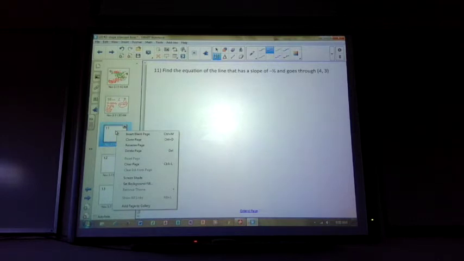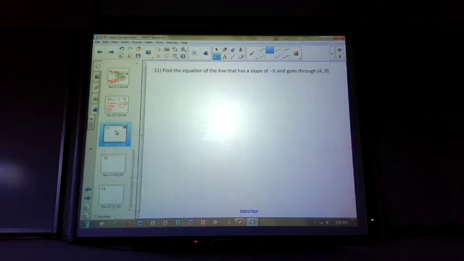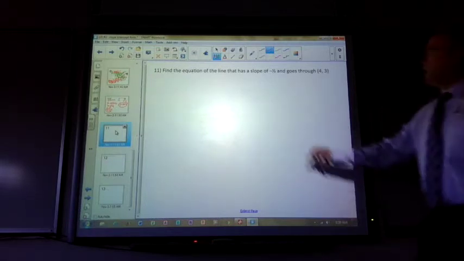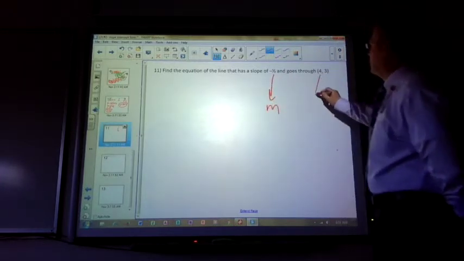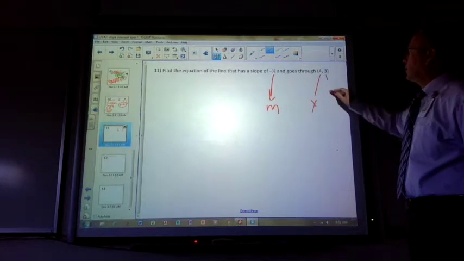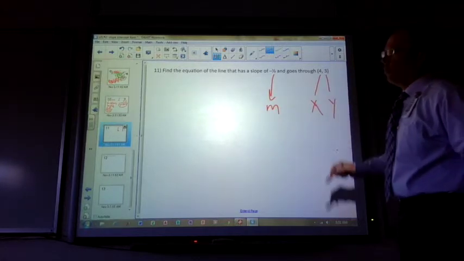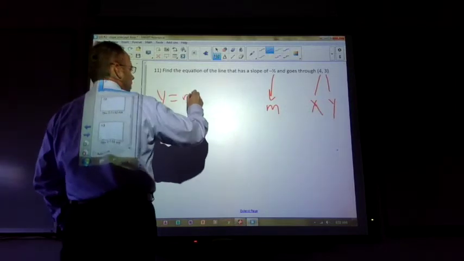Find the equation that has a slope of negative 1/2 and goes through the point (4, 3). So what's my slope? It is decreasing. I like it because it's negative, right? What's the slope? Negative 1/2. And slope is what letter? What equation am I going to use? y equals mx plus b.